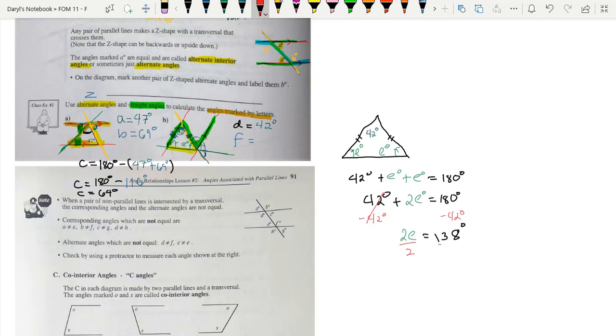Then I divide both sides by 2 to get my angle E. So angle E is 69 degrees. Therefore angle E in this particular diagram is 69 degrees.